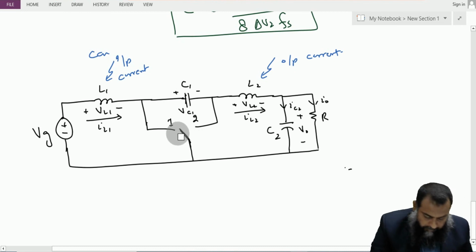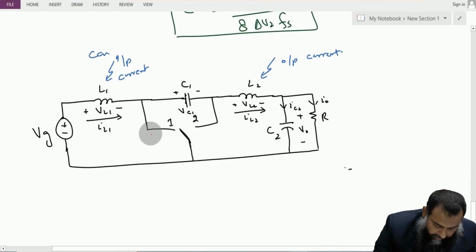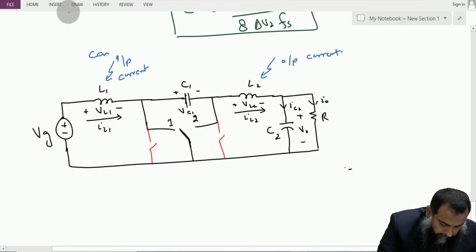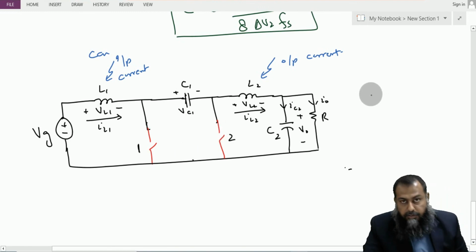Let us say this is switch number 1 and this is switch number 2, and both of them work in complement with each other, such that when switch number 1 is operating, switch number 2 is off, and when switch number 2 is on, switch number 1 is off.